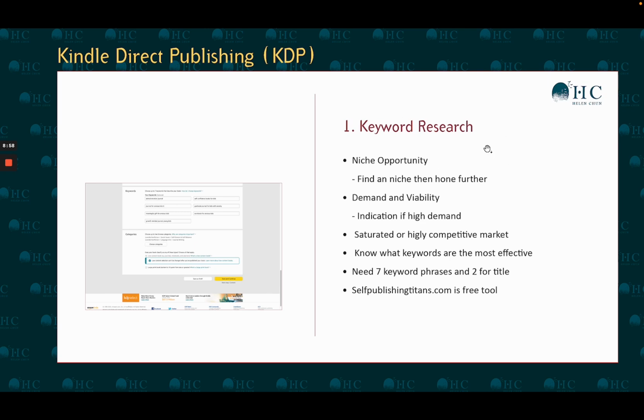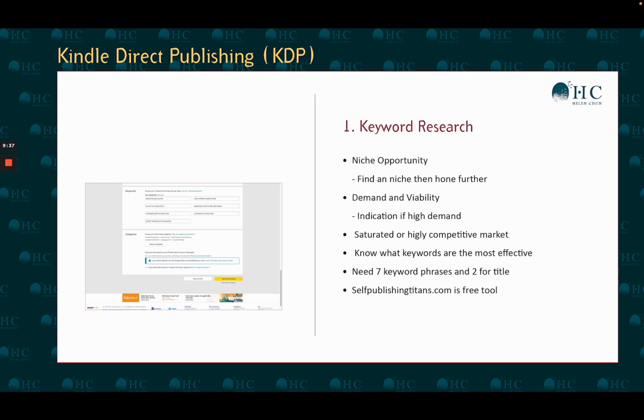So part of keyword research is looking at your niche opportunity. Keyword research is the most important thing to do even before you decide what book to publish, because what you think is a great thing to publish may not be in demand. So by doing keyword research, you start to get into the arena of seeing what is out there.